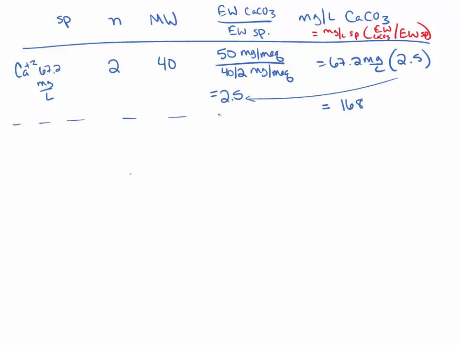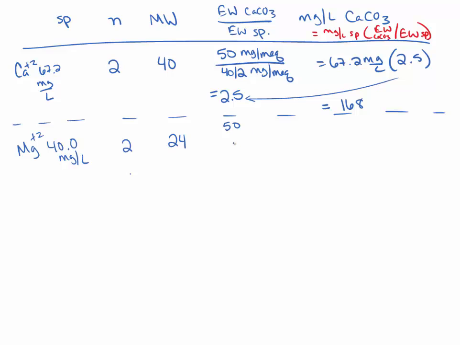The second species for conversion is magnesium, and it was given to us as 40.0 milligrams per liter. The equivalent number of magnesium is 2. The molecular weight is 24.